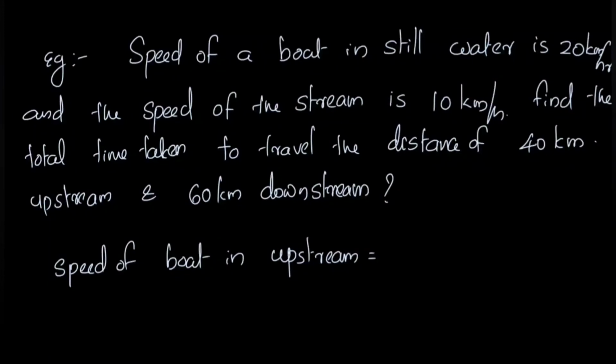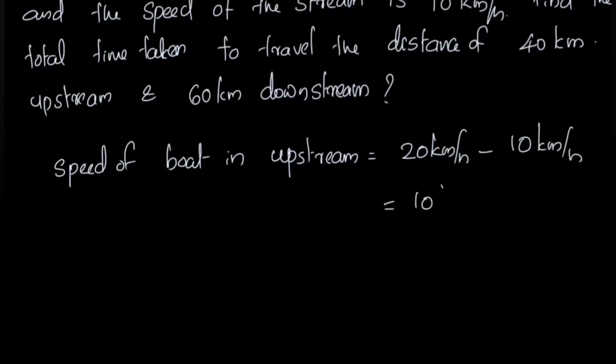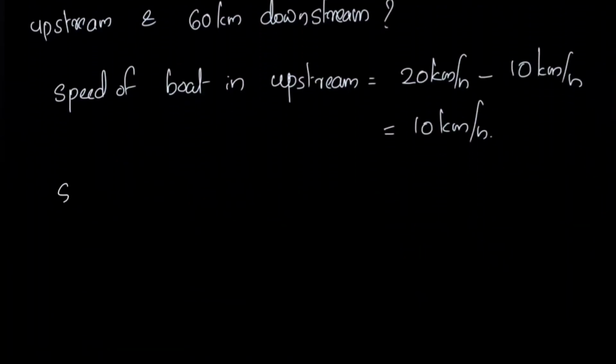That is, in upstream movement the boat speed is repelled by the speed of the stream. So it is equal to 20 km per hour minus 10 km per hour. Its speed is decreasing and it is equal to 10 km per hour. Next is the speed of the boat in downstream.